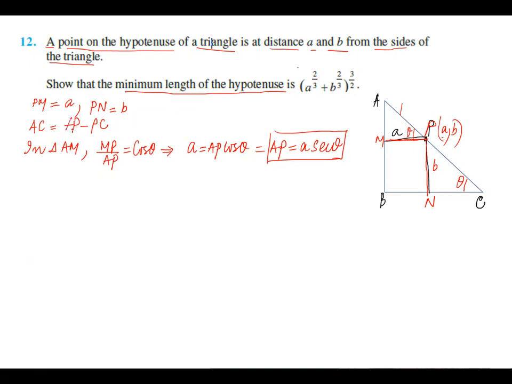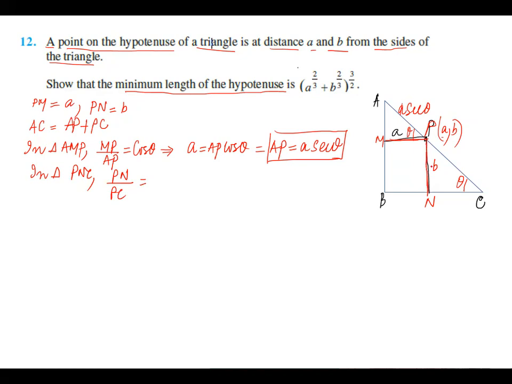So this is AP plus PC, and this is b cosec theta. In the same way, now I'll go for triangle PNC. Here PN upon PC is equal to sine theta.